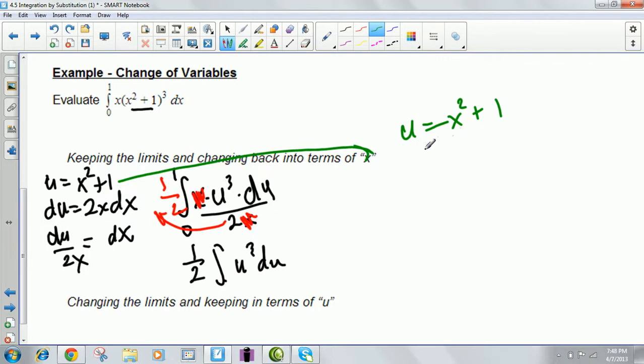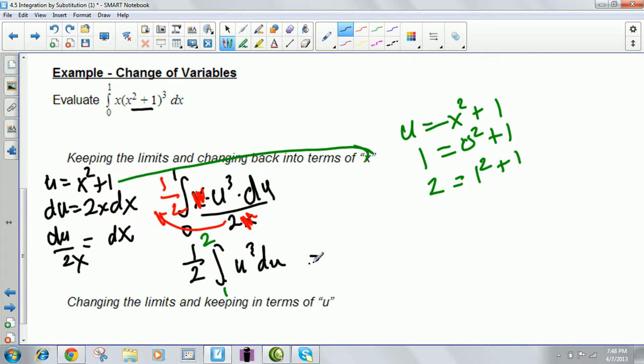So plug in, for example, your lower limit 0. In terms of u, your lower limit then becomes 1. And your upper limit was 1, so you would plug 1 in, and your new upper limit is 2. So that green 1 and 2 are your new lower and upper limits in terms of u.